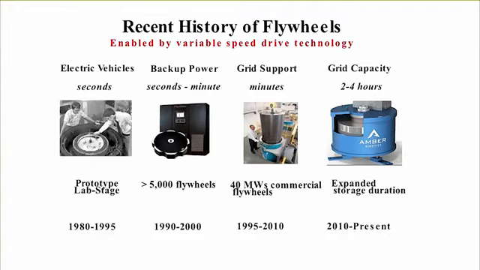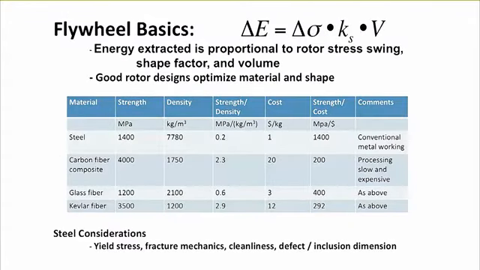And then we come to the present era, well, I'd like to say present era, where Amber Kinetics is bringing along a device that supports hours of energy storage as opposed to minutes or seconds. So let me give a little bit of detail about what's inside the box.